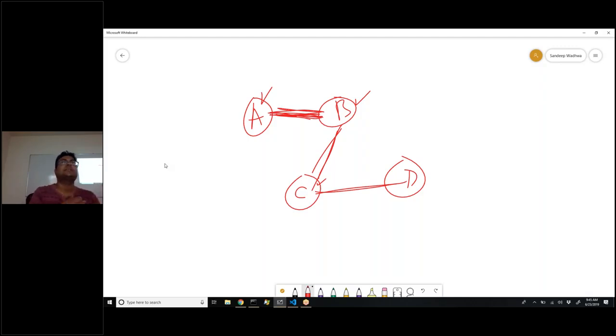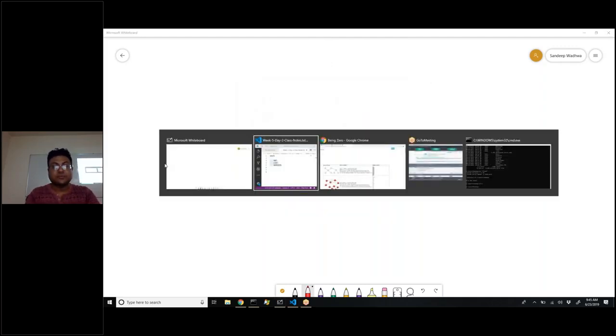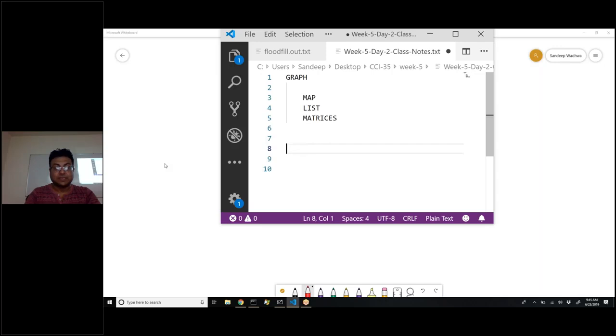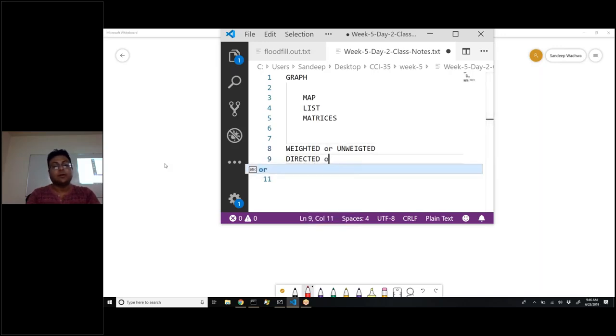It can be road distance, it can be flight cost, it can be time taken. Right? So graphs wise, when we do graph problems, we see graphs can be of various types. One is on weight. It can be weighted or unweighted. It can be directed or undirected.